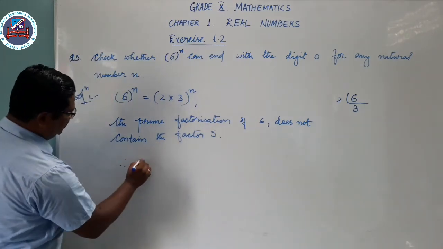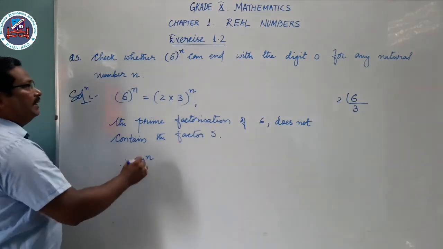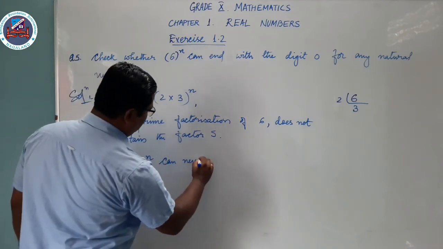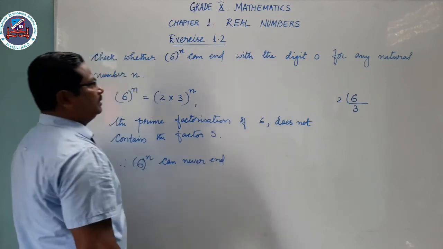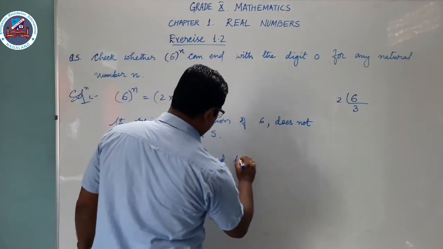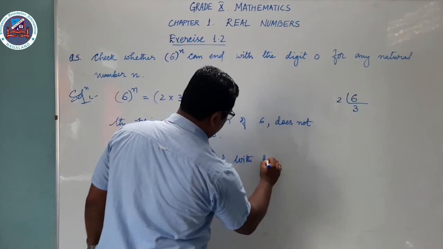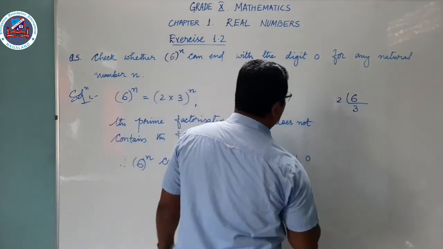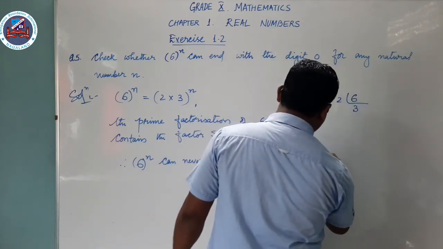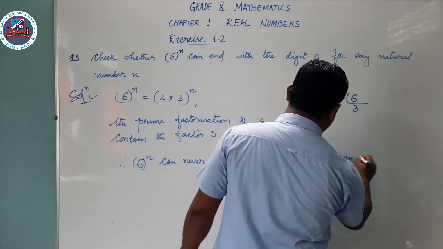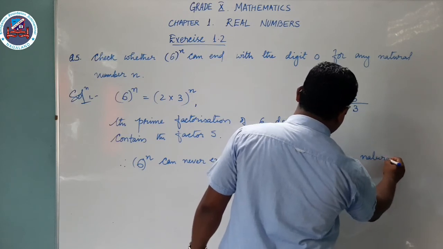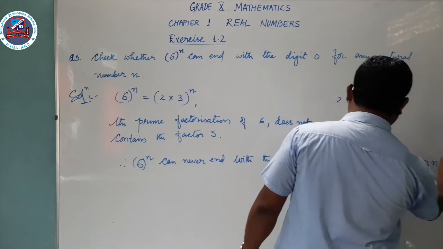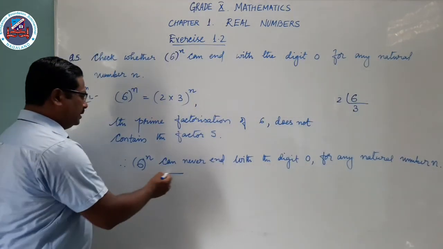Therefore, 6 to the power n can never end with the digit 0 for any natural number n. So this way you can write down the answer.